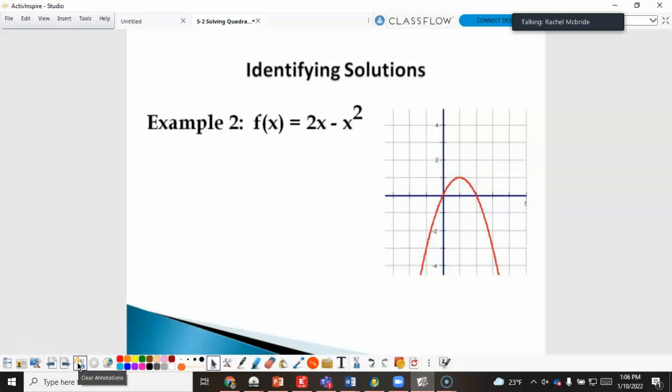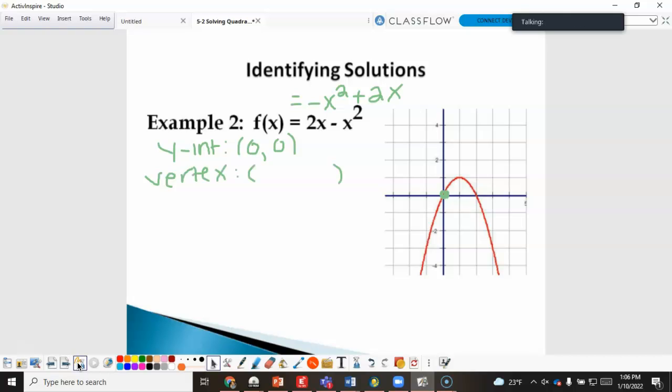In example 2, in standard form, this is -x² plus 2x, which means that the y-intercept is 0. The vertex comes from h and k, so h is -b divided by 2a.